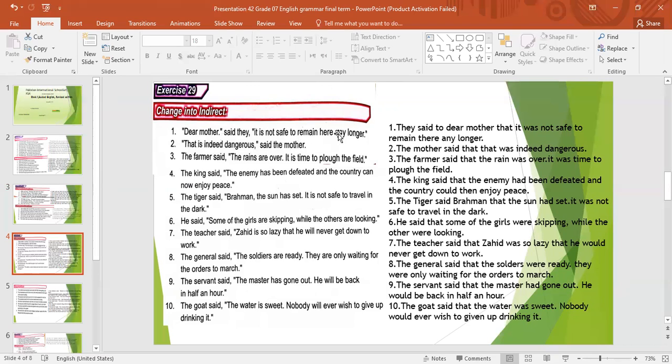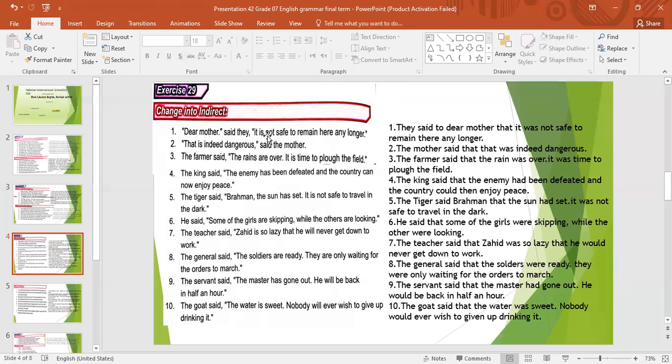Dear students, so here I changed it to indirect narration. You can see that I just took the inverted commas away, and I changed the tense a little in the reported speech. They said to dear mother, or they said dear mother, both can come, dear students. They said to dear mother that, I put that and changed the tense of the reported speech, that it was not safe.